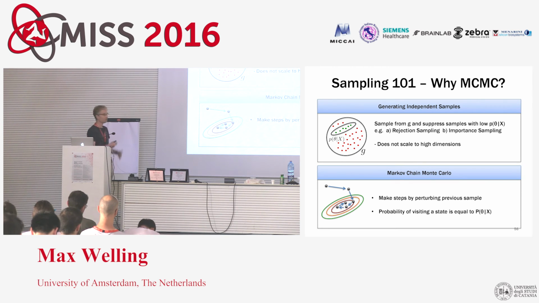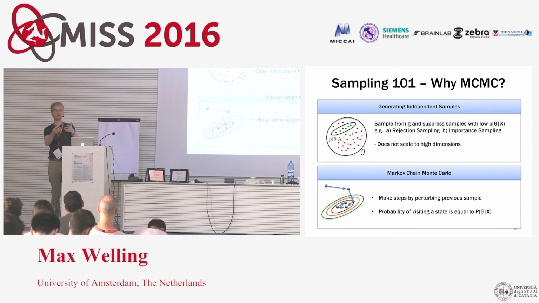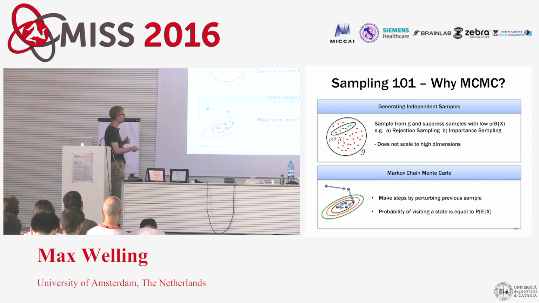These samples evolve, and after a while they move towards the actual distribution where the probability is high, and then they start sampling from that distribution. You can think of it as having a sample, perturbing your previous sample, and evaluating whether the probability has gone up. If it's gone up, you accept, and if it goes down, you think a bit harder.